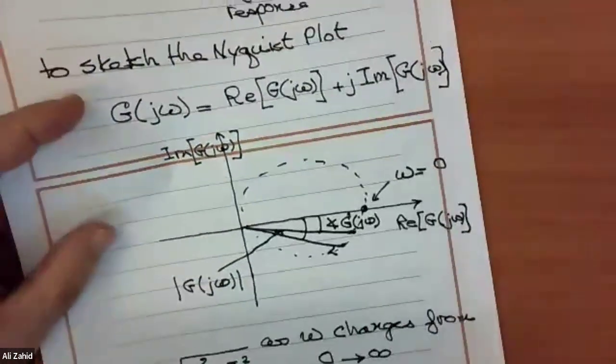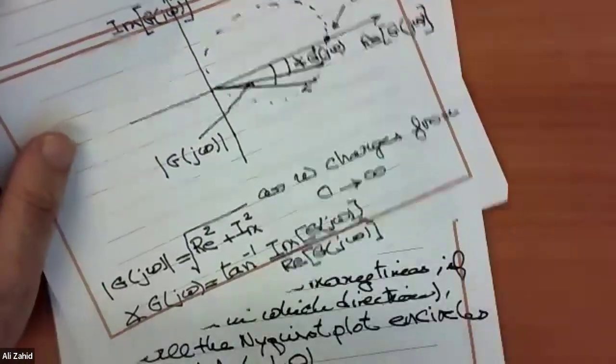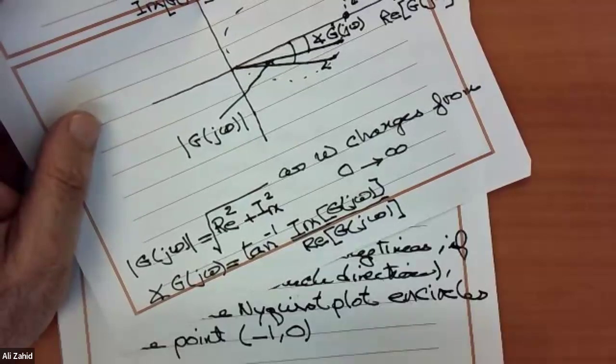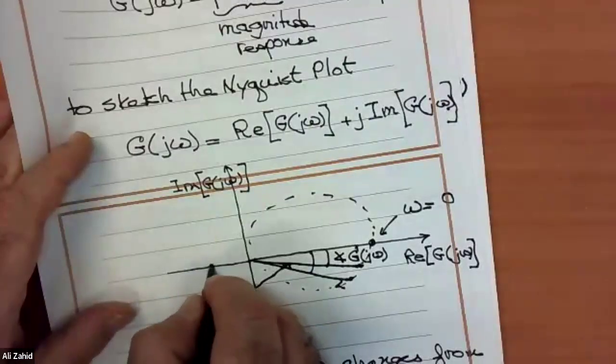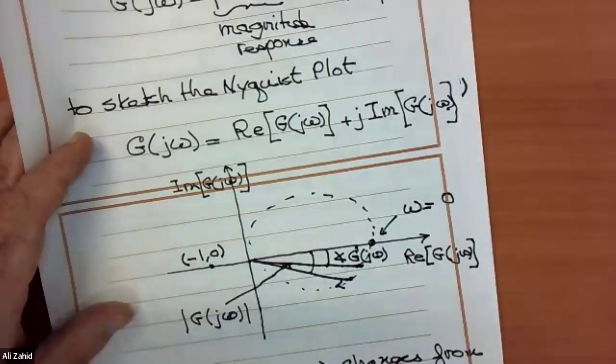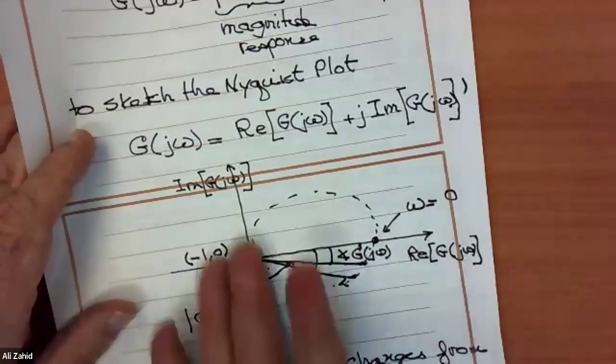Where is this point, by the way? Can you show me where is this point? On the left-hand side, which is -1, 0.